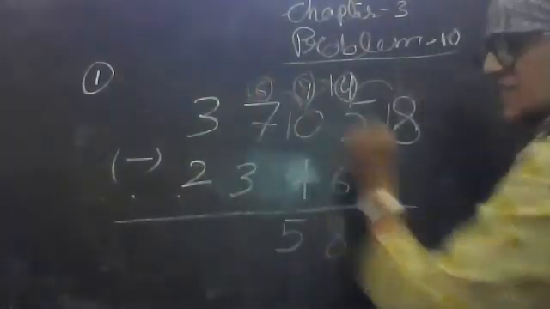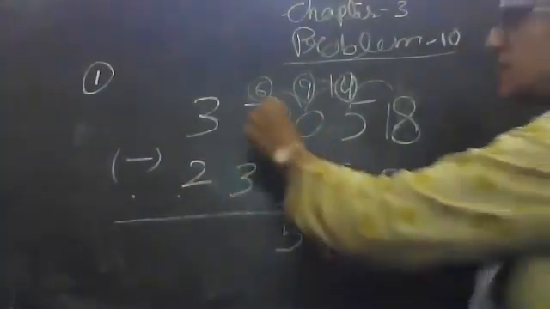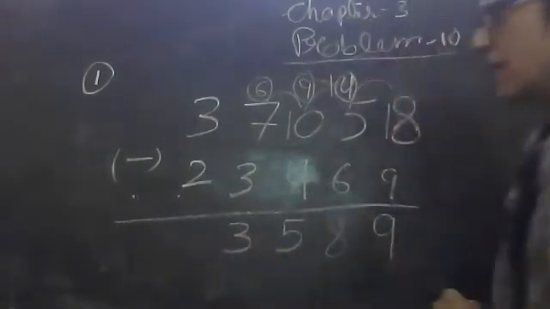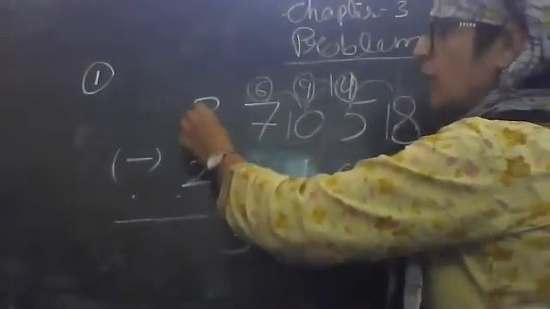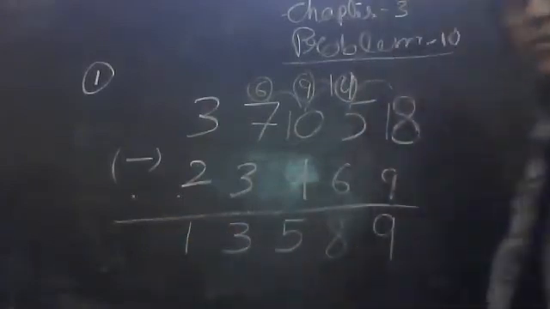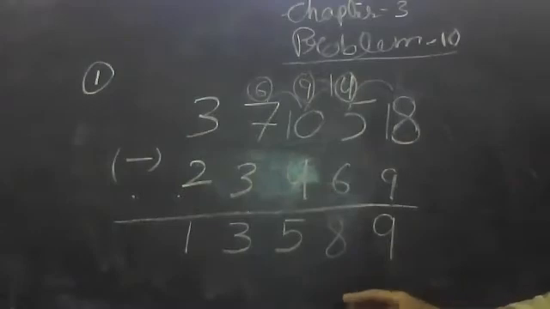Here 6 is there. 6 less 3. From number 6, you have to less 3. So here it is 3. And you can less 3 from 3 number 2. So 3 less 2, it is 1. I hope that you understood.